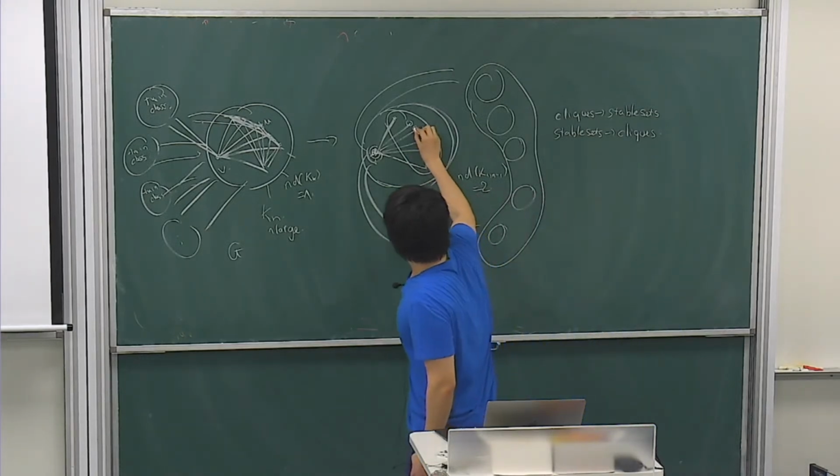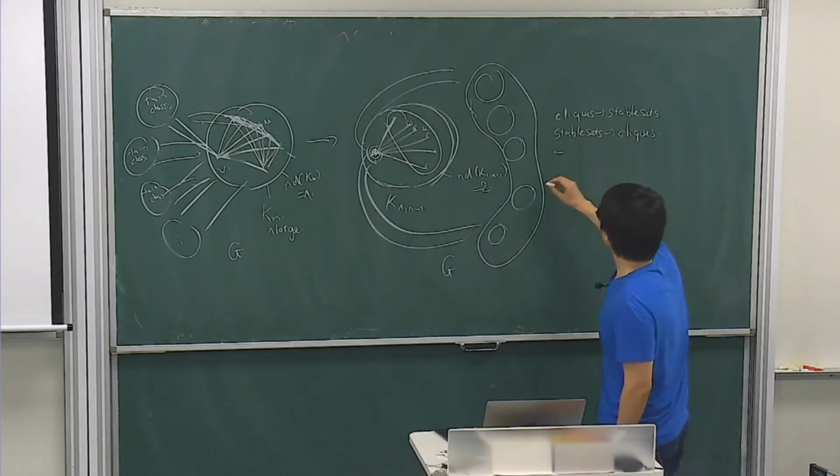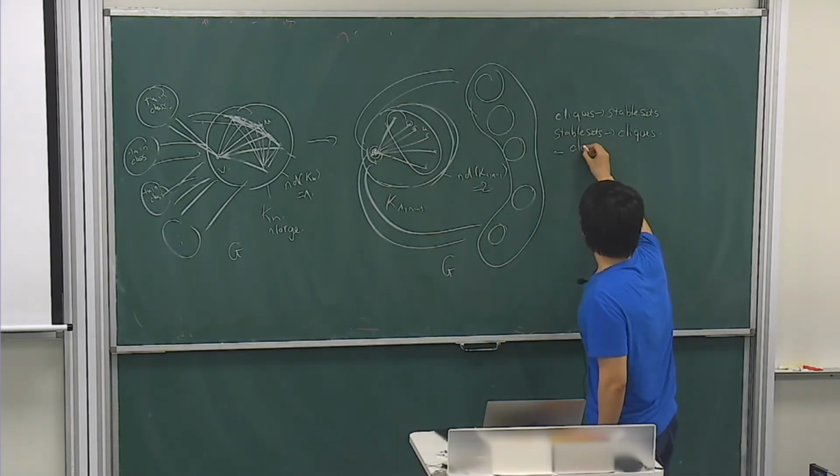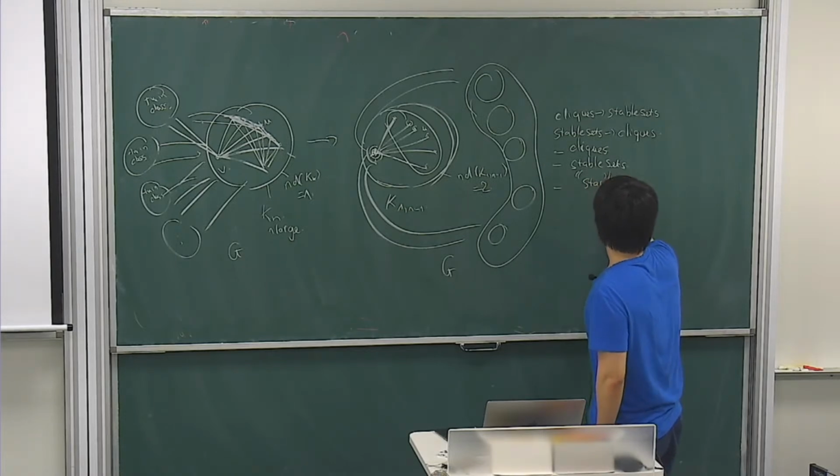So basically, we have 3 forms. The first one is the cliques. The second one is the stable sets. And the last one is a kind of star structure.